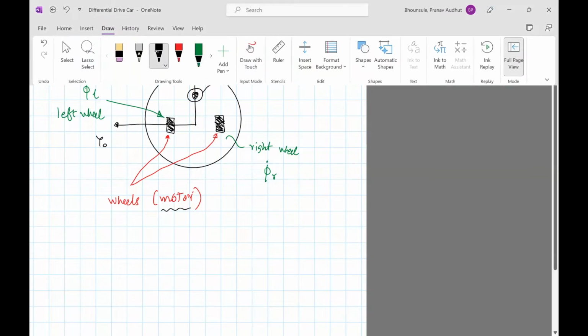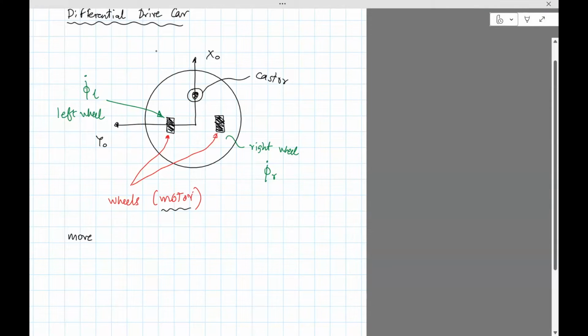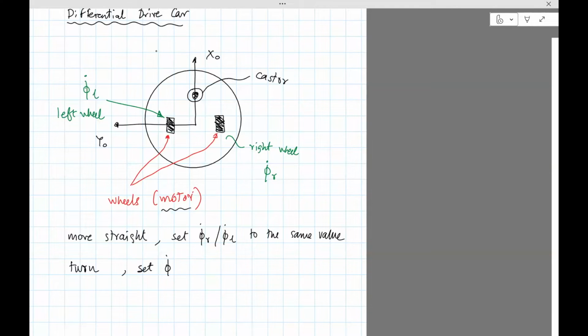So if you want to move straight, you want to set phi dot r, phi dot l to the same value. If you want to turn, set phi dot r, phi dot l to different values.